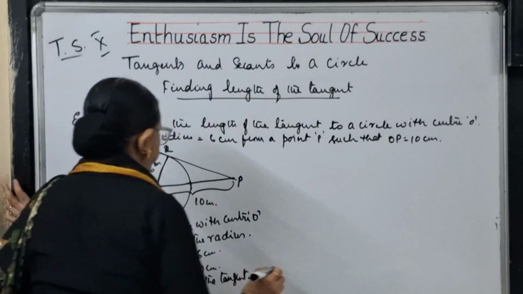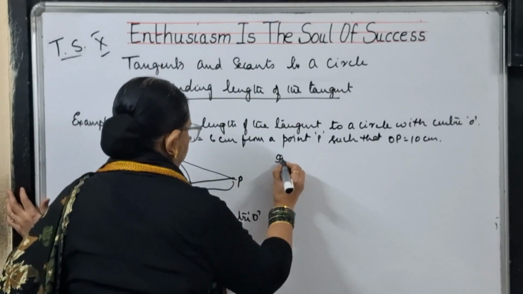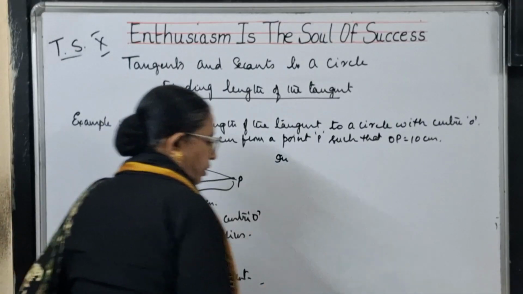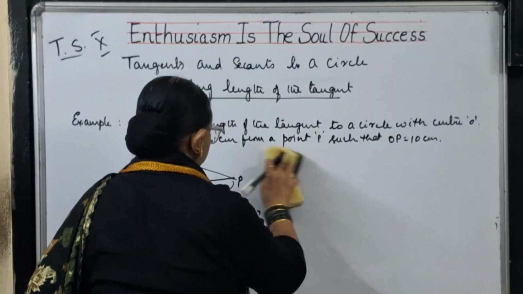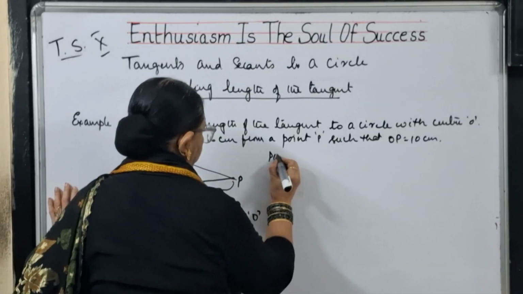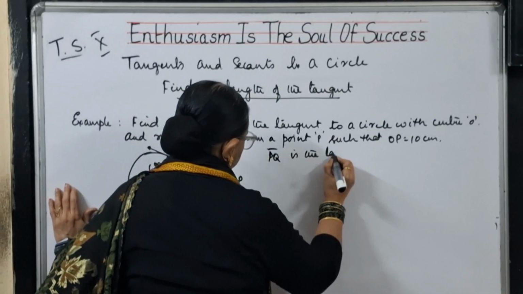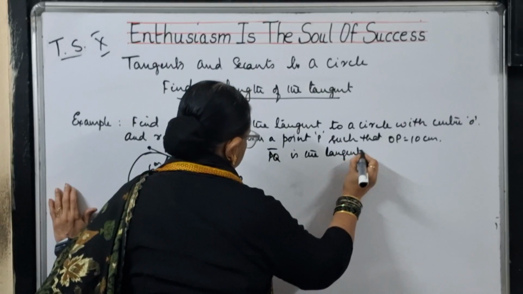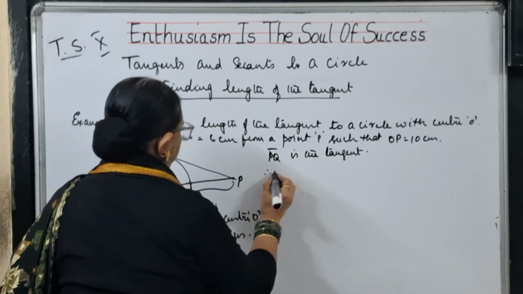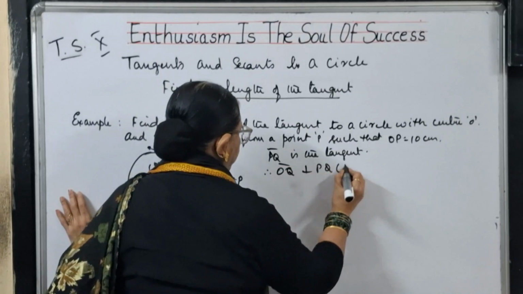Now let us see, PQ is the tangent. Therefore, OQ is perpendicular to PQ.